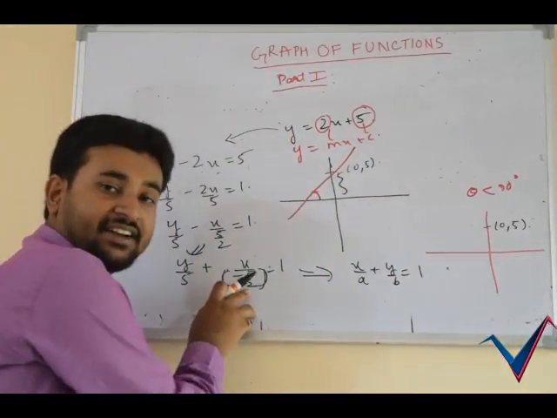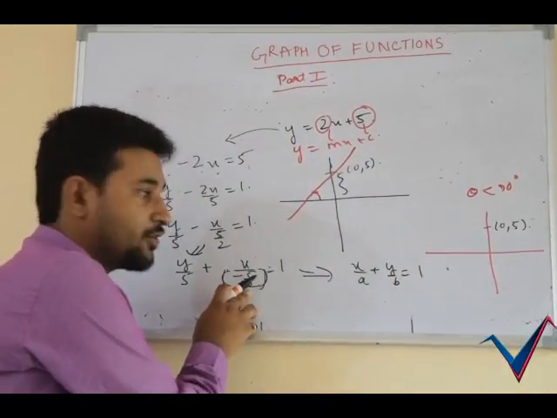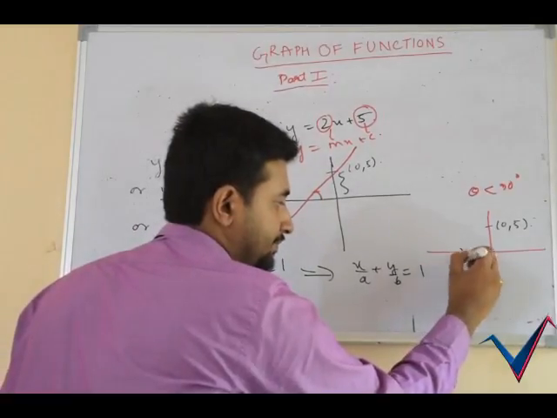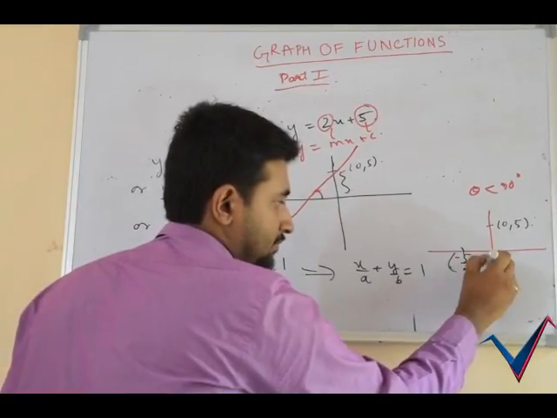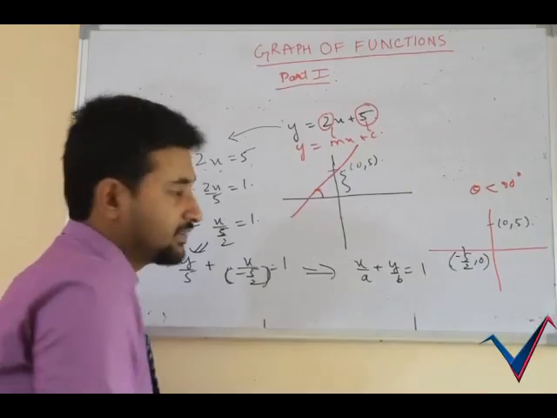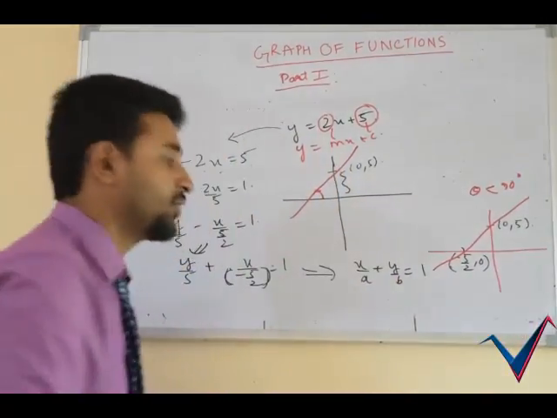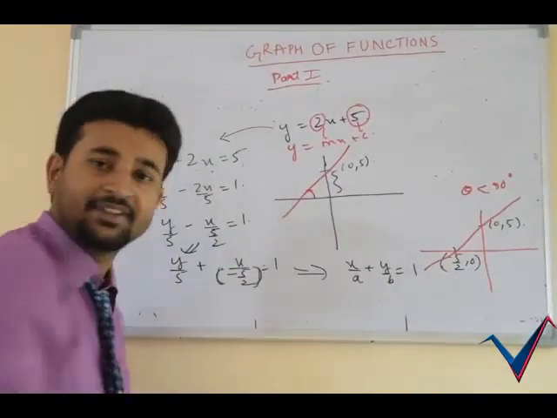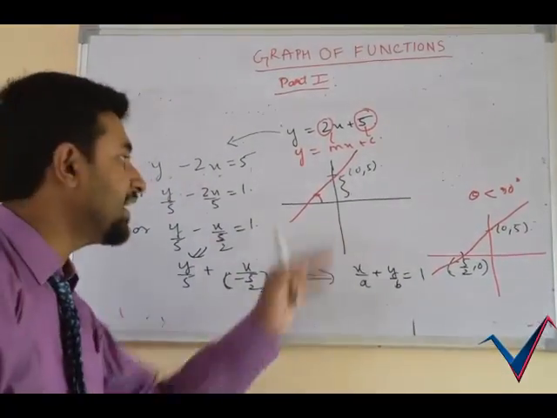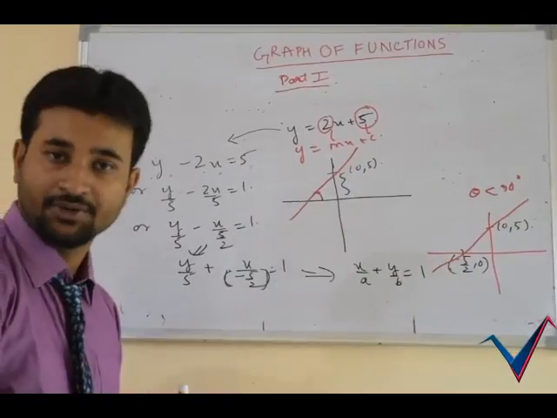Consider the x-intercept, it is minus 5 by 2, so it will be somewhere here. The line would look simply like this. So both the graphs are basically the same, and you can plot by whichever method is convenient for you.